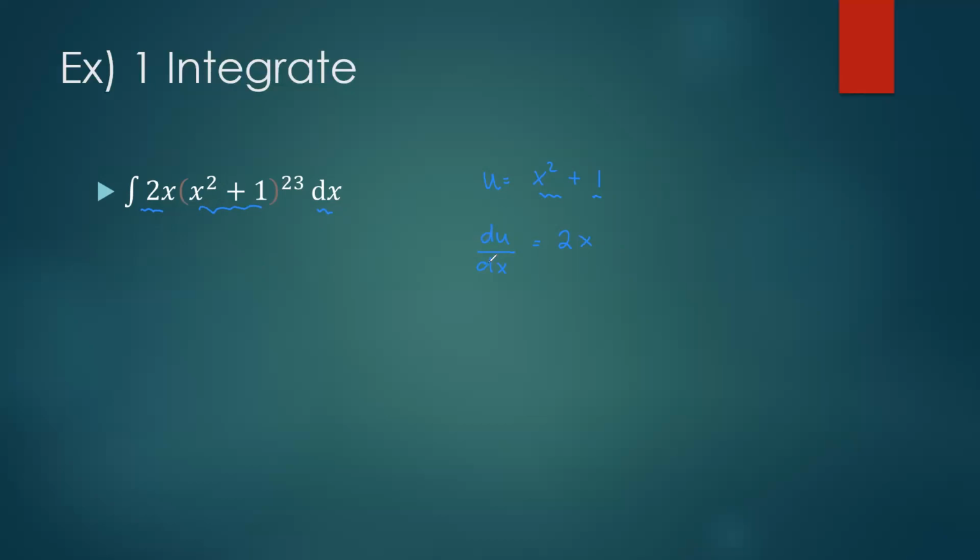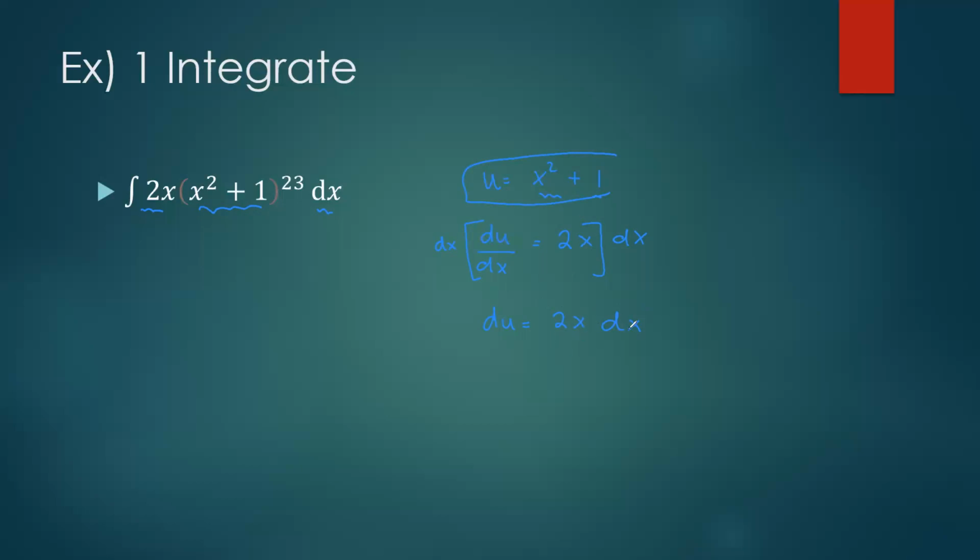So I'm going to move the dx to the right by multiplying both sides by dx. I'm only going to do this once, and then I won't do it in the other examples. So on the left side you have du, and on the right you have 2x dx. My u is x squared plus 1, and my du is 2x dx.